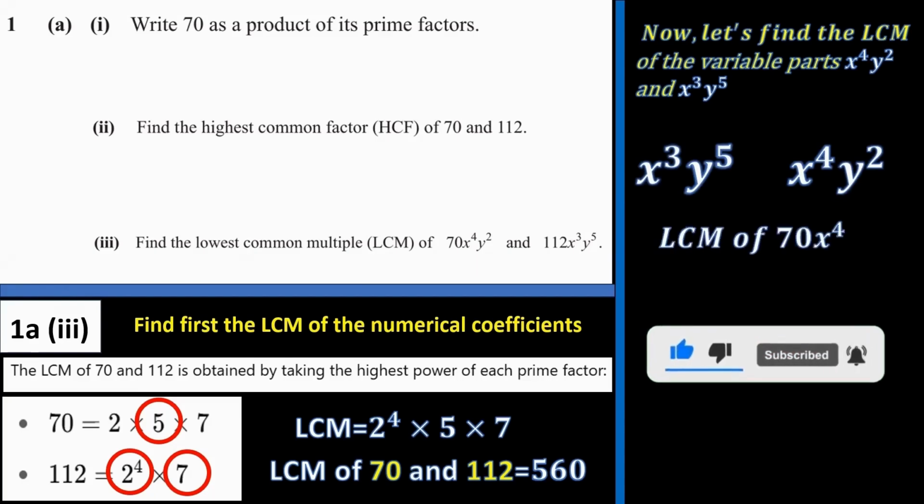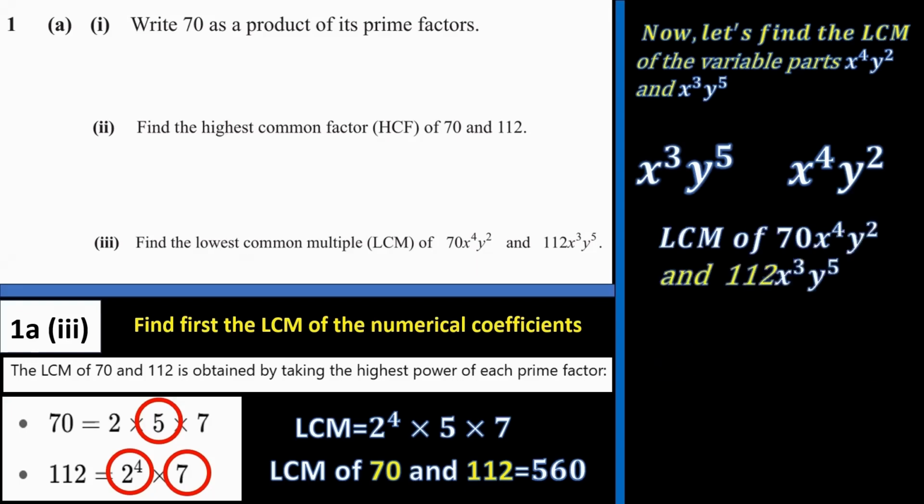We bring the 560, and then we look at the variable s. In one part, we have s to power 4. In the other part, we have s to power 3. When you compare this, the one with the greatest index is s to power 4, and that's the one we are going to take.